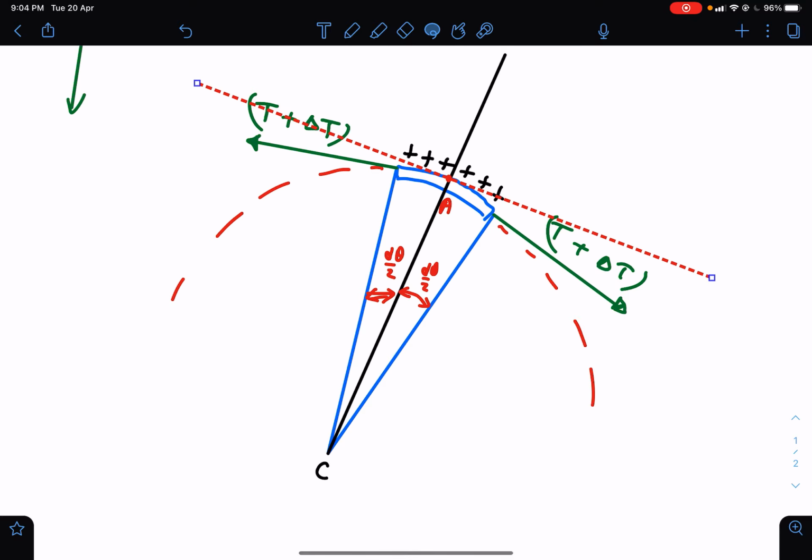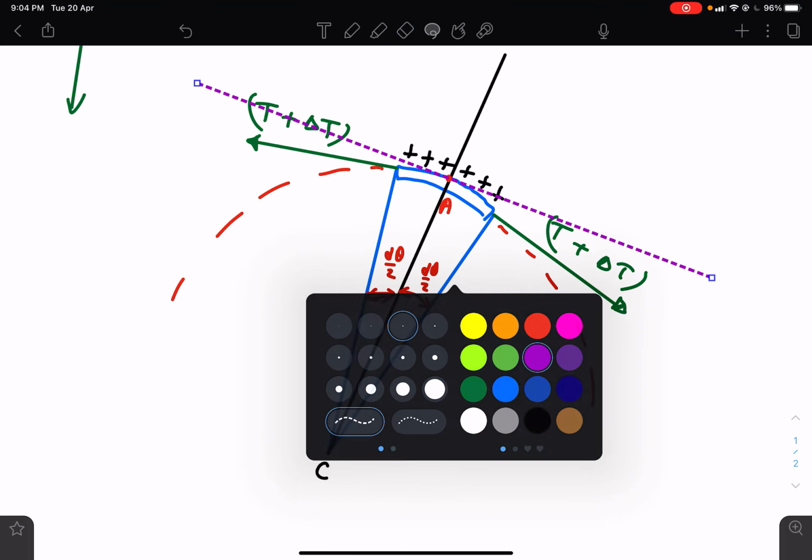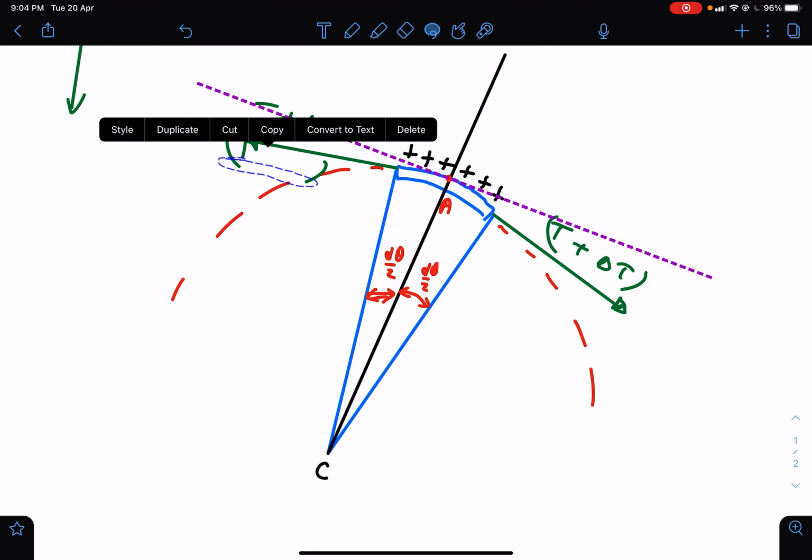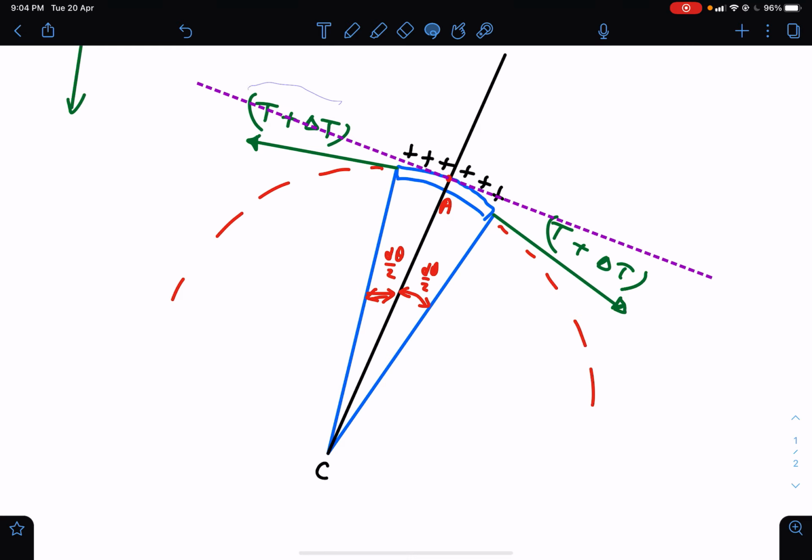Let me shift this T plus delta T, which looks something like this. Okay, no issues.